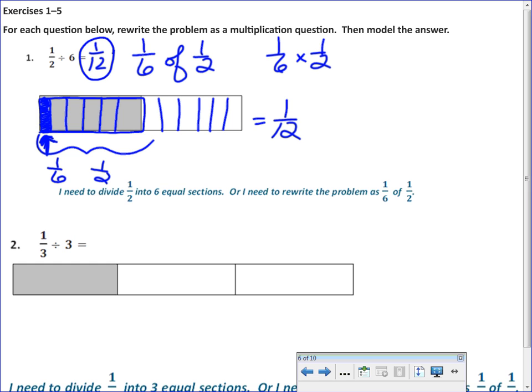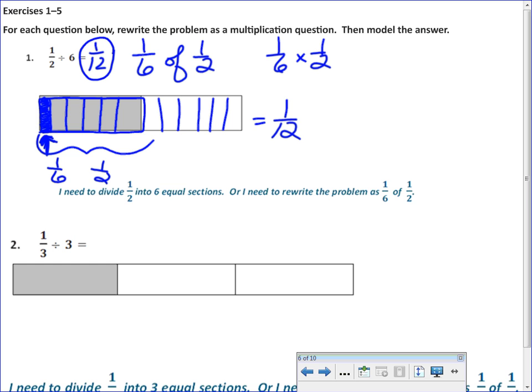Let's try number 2. 1/3 divided by 3. So let's start by drawing 1/3. Draw your model for 1/3. Now that 1/3, what do we want to divide it by? 3.